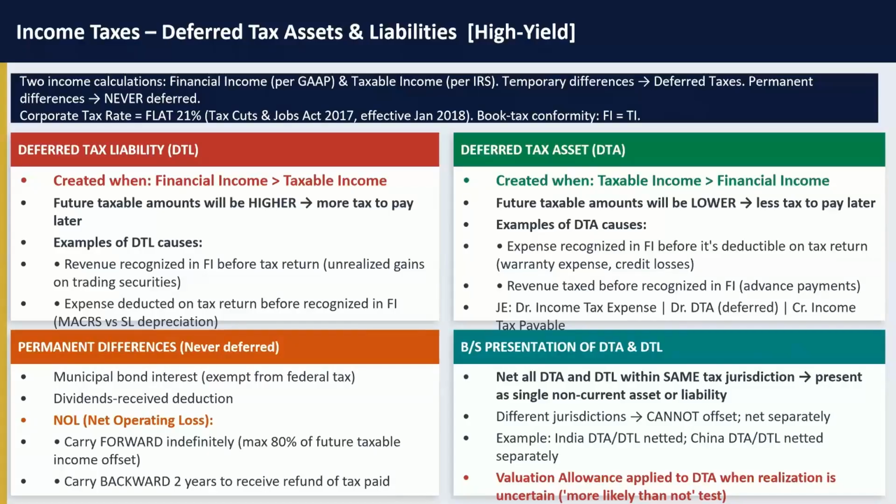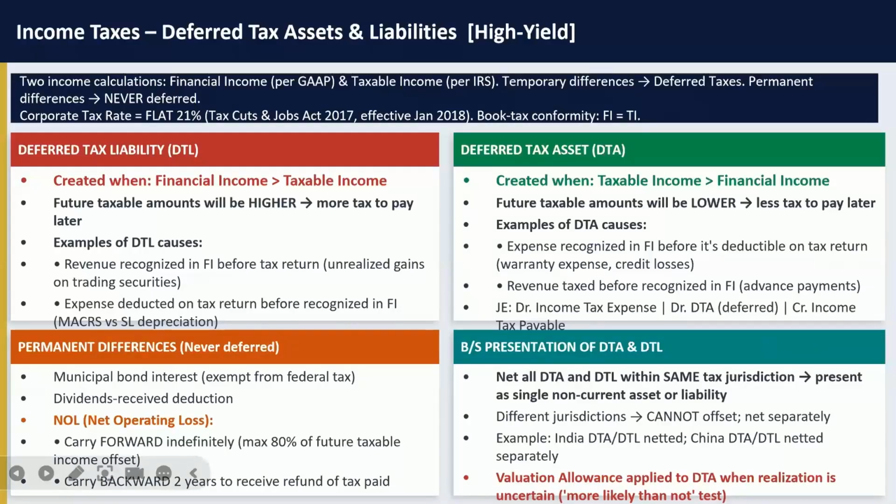In India, I can offset DTA and DTL of India. Then in China, that company's DTA and DTL I can net together like this. I have to present this data separately for different jurisdictions. For India separately, China separately, I will have to present. Then, valuation allowance is applied to DTA when realization is uncertain.